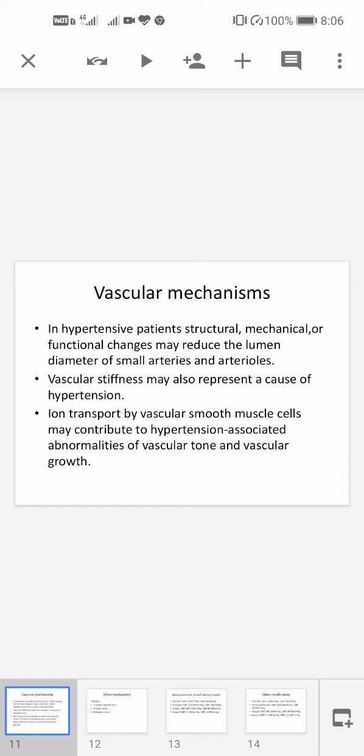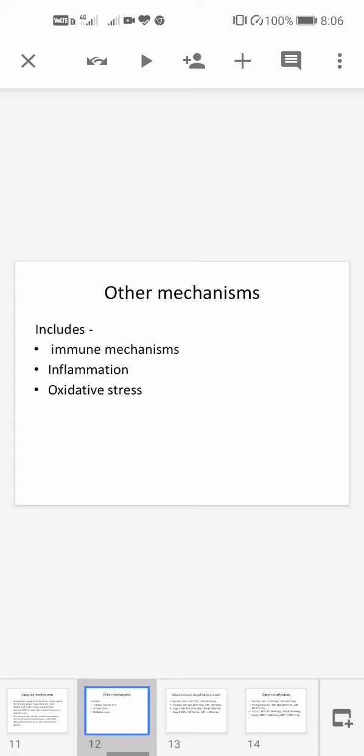Then, ion transport by vascular smooth muscle cells may contribute to hypertension associated abnormalities of vascular tone and vascular growth. Other mechanisms include immune mechanisms, inflammation, and oxidative stress.